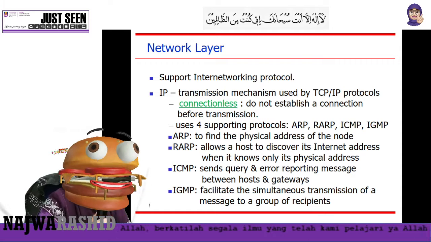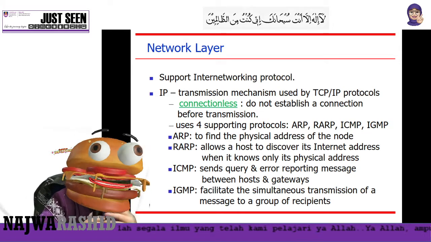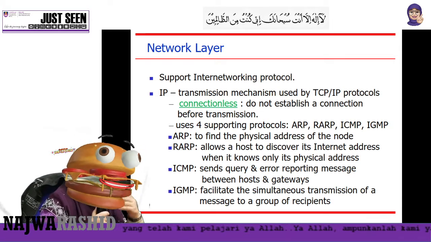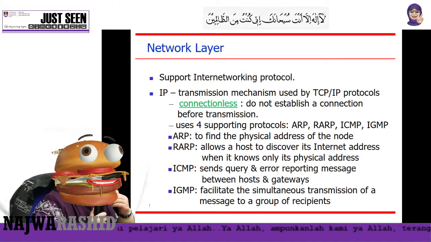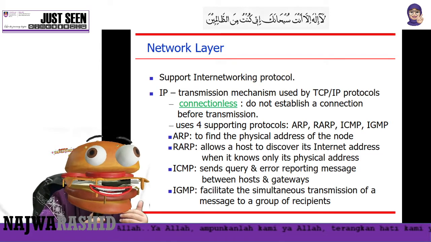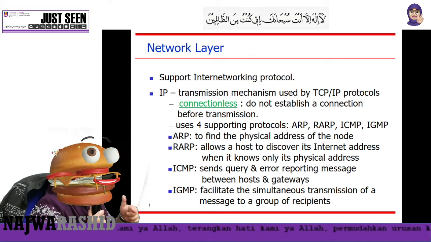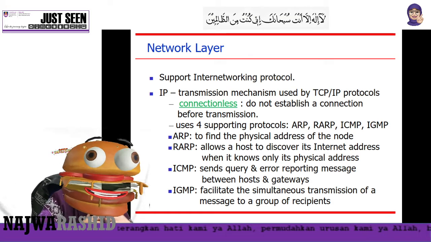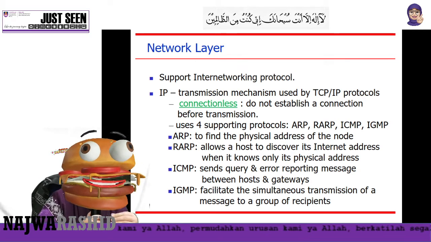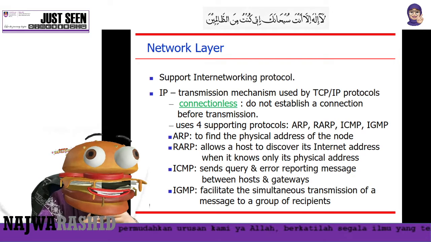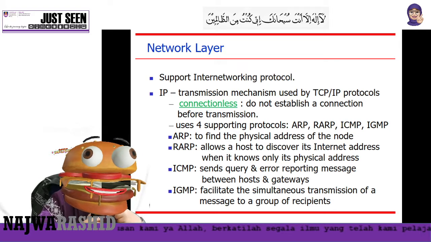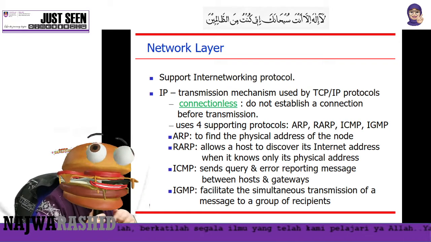For example, maybe you can take it for your FYP project later on. Next, we have the RARP protocol. This protocol allows a host to discover its internet address when it knows only its physical address. So you only know the physical address, and to identify the internet address, you can use the RARP protocol.